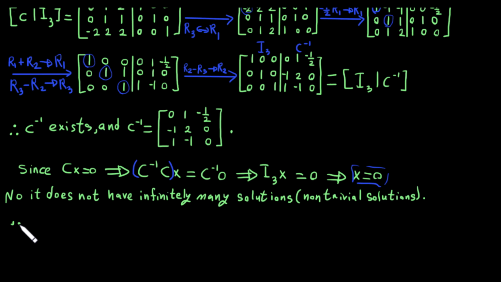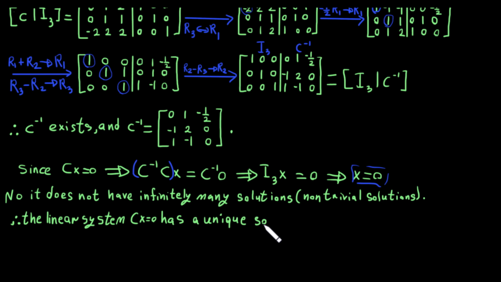Therefore the linear system Cx equal to 0 has a unique solution, or you can say a trivial solution.